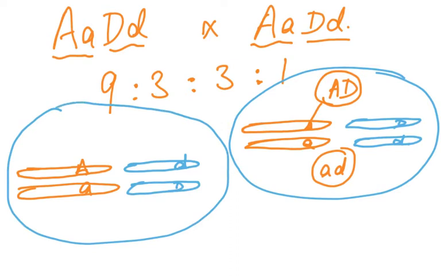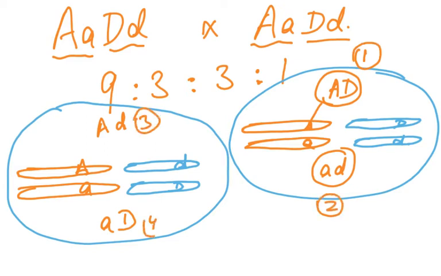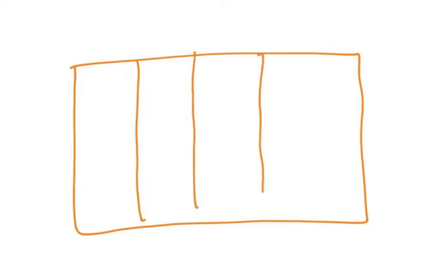So we would have big A and small d, and small a and big D. So you have four possibilities: 1, 2, 3 and 4. When you combine them up, you get 16. So the four possibilities result in 16 possible combinations.